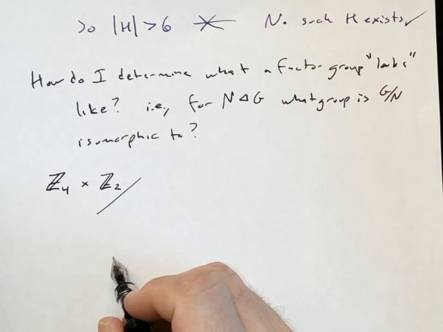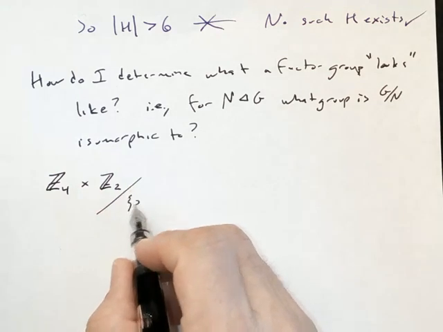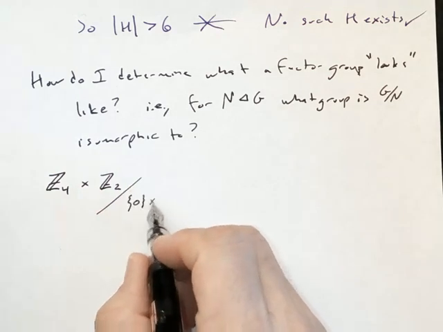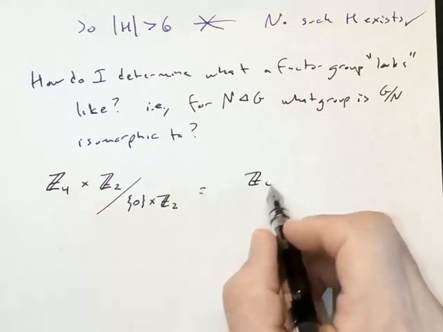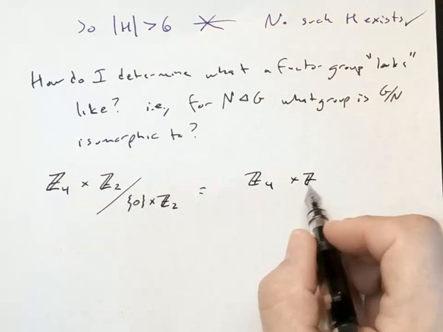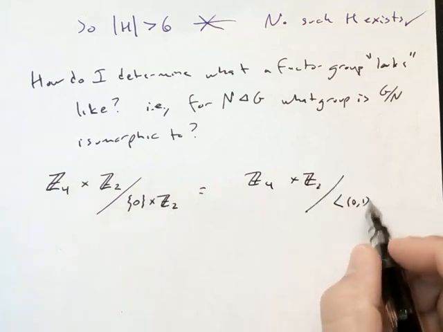I drew a picture. Mod the set with just 0 times Z2. And this is the same as Z4 by Z2 mod the subgroup generated by 0, 1.